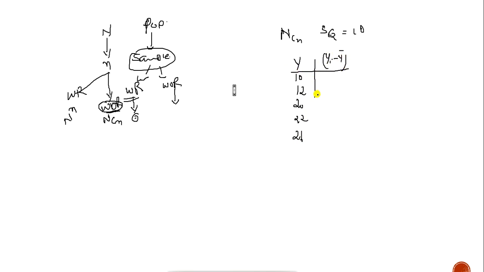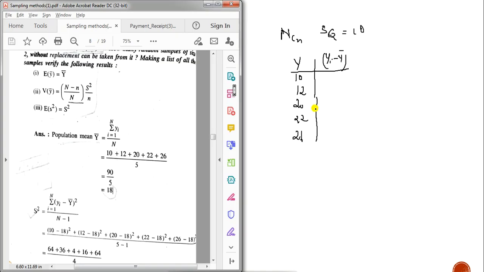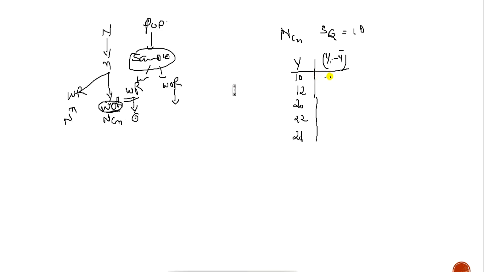The Y bar value is 18, so I am subtracting 18 from all the observations. You may see here they have calculated the numbers individually, but instead of that I am subtracting 18. So it is minus 8, minus 6, 2, plus 2, plus 4 and plus 8. This total must be 0.